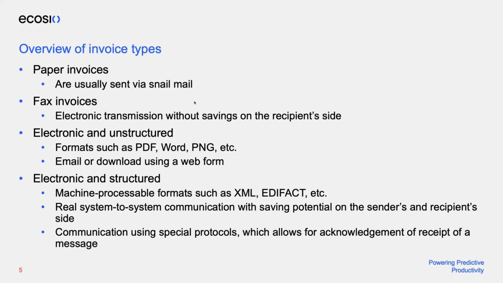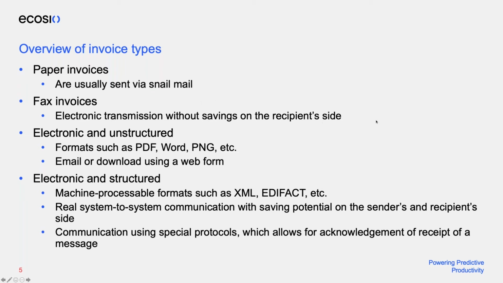And structured means that it is machine processable. And these machine processable formats are, for instance, XML, EDIFACT, and the like. They allow for real system-to-system communication, and they provide savings both on the sender's and the recipient's side. Typically, we would not employ email here, but we would communicate using special protocols which allow for acknowledgements of receipt, for instance, of a certain message.